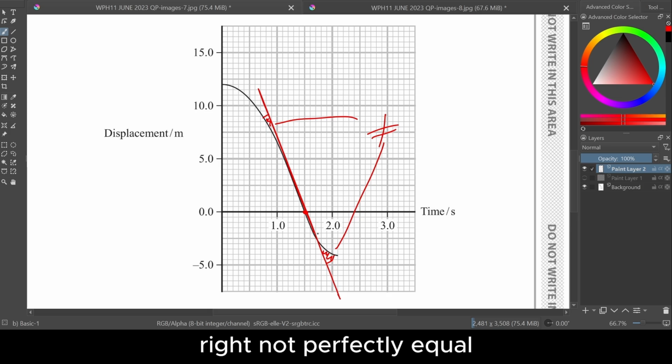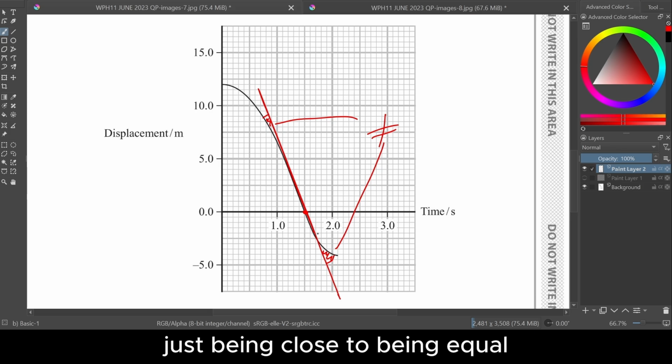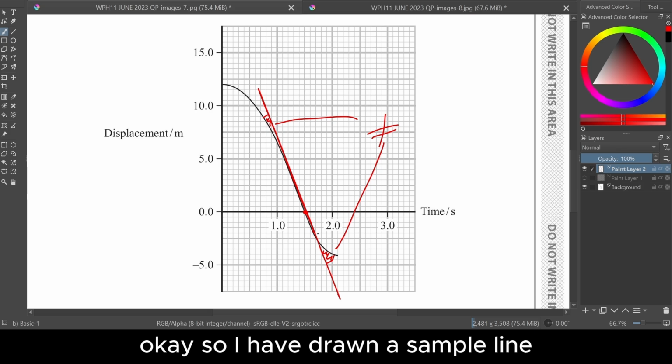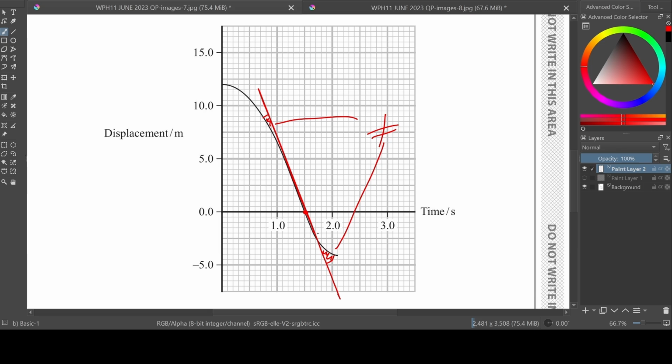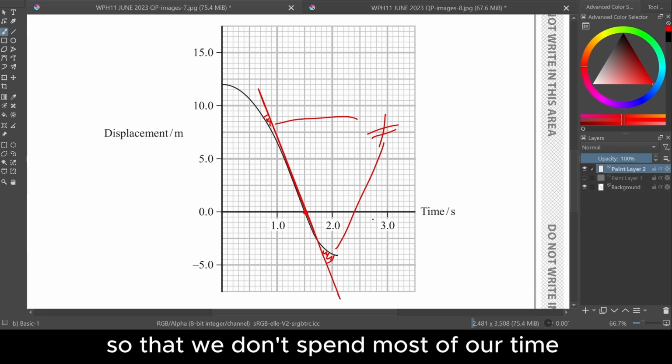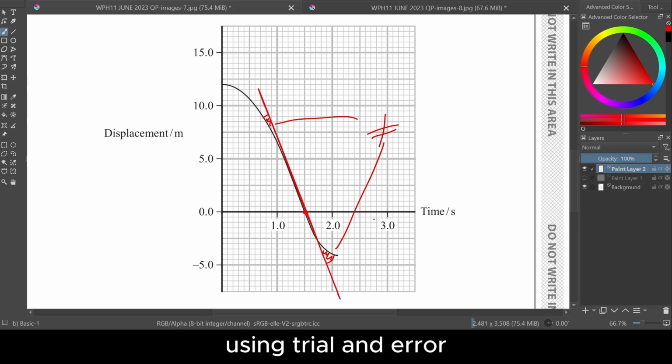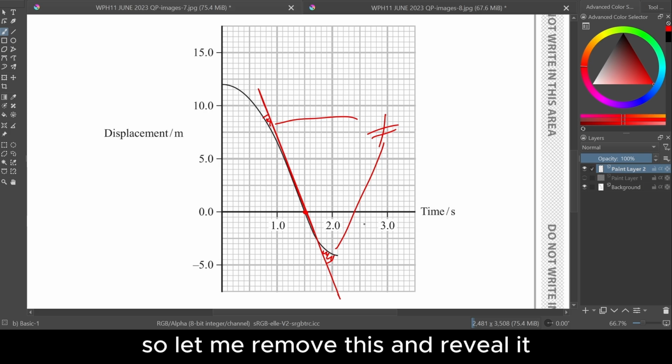Not perfectly equal, just close. I have drawn a sample line to save us some time, so that we don't spend most of our time on trial and error. So let me remove this and reveal it.